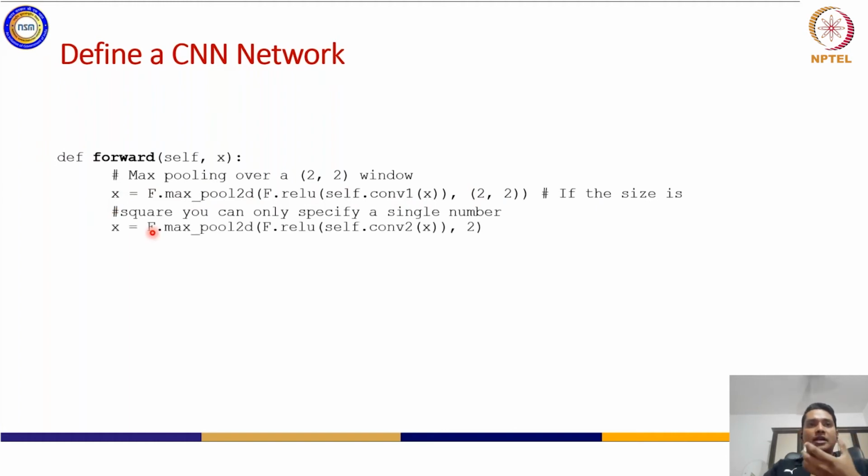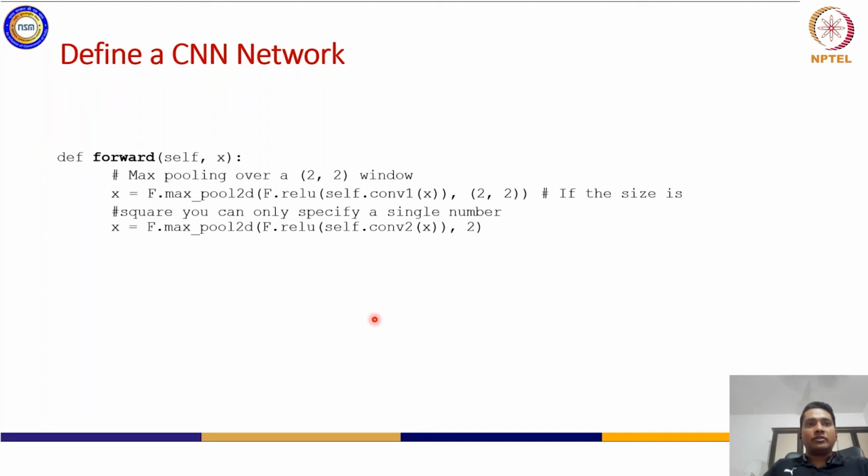Now next, we want to make this X available as the next layer's input. So the next layer, convolution 2, takes this X as input. And see here, the practice is to use the same variable name all over, because this is always a sequential definition.